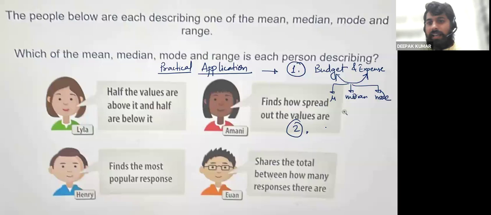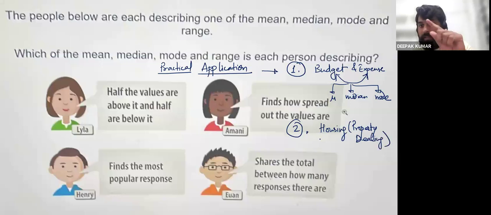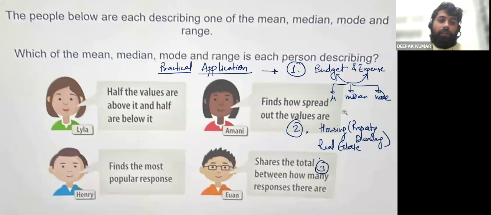Second, you can consider housing market analysis, or property dealing: how a real estate business will be counted and applied for mean, median, and mode. Then you can go for retail business. Then elections, either a state election or a parliamentary election.